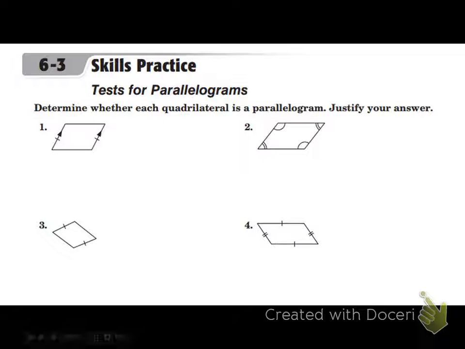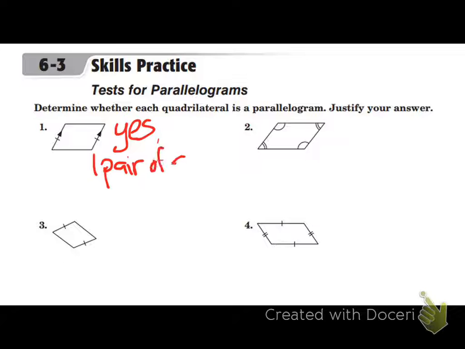Determine whether each quadrilateral is a parallelogram. Justify your answer. Why is number one a parallelogram? Because two sides are congruent. Correct. I thought both pairs of sides had to be.